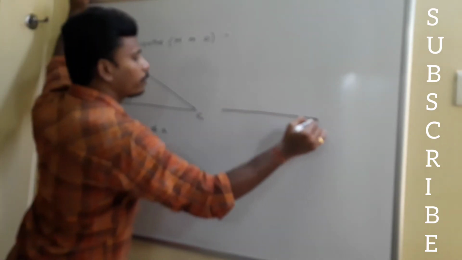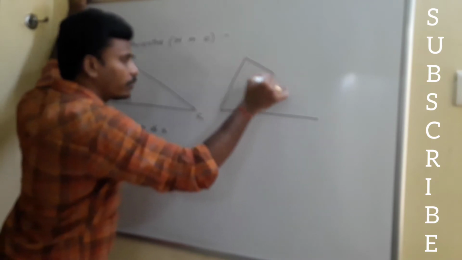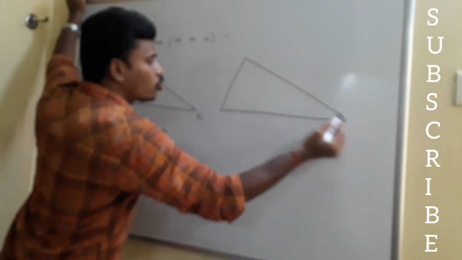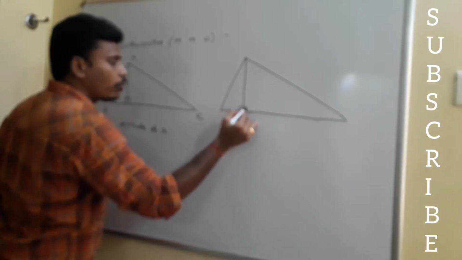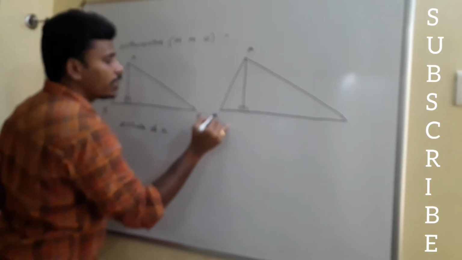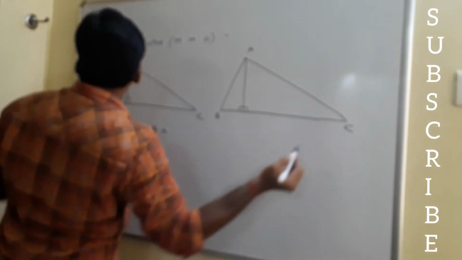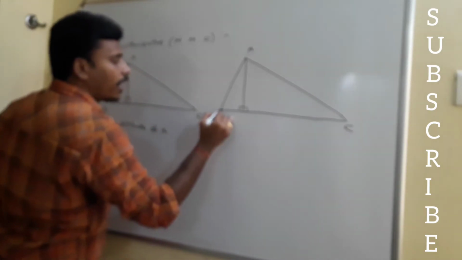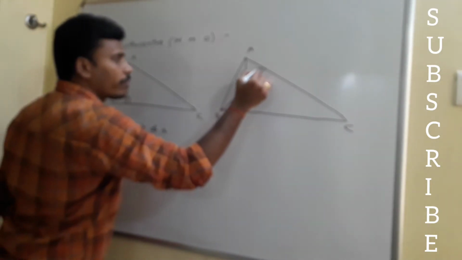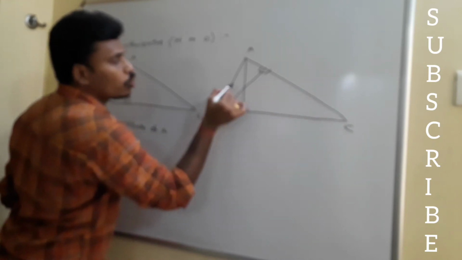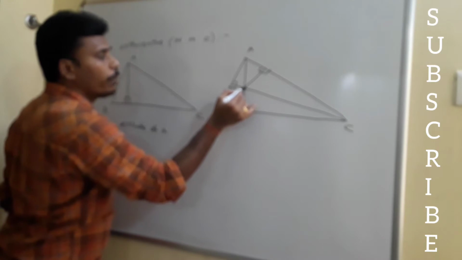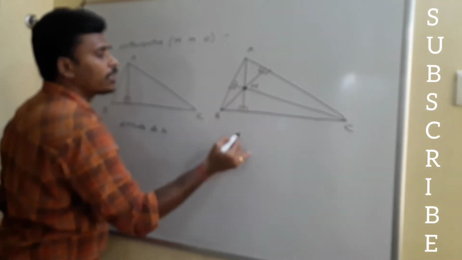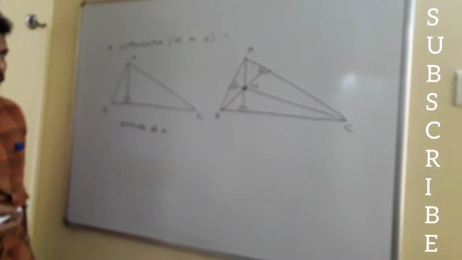So for example, if you have a triangle, the altitude of a vertex is nothing but a line drawn from one vertex to the opposite side perpendicularly. If you draw altitudes for the vertices B and C as well, these three altitudes will meet at a point, and that point is called the orthocenter, right?